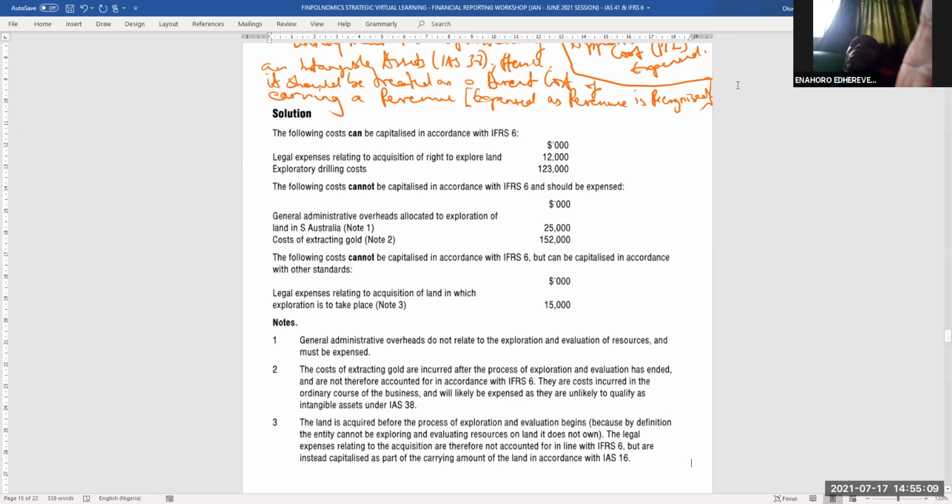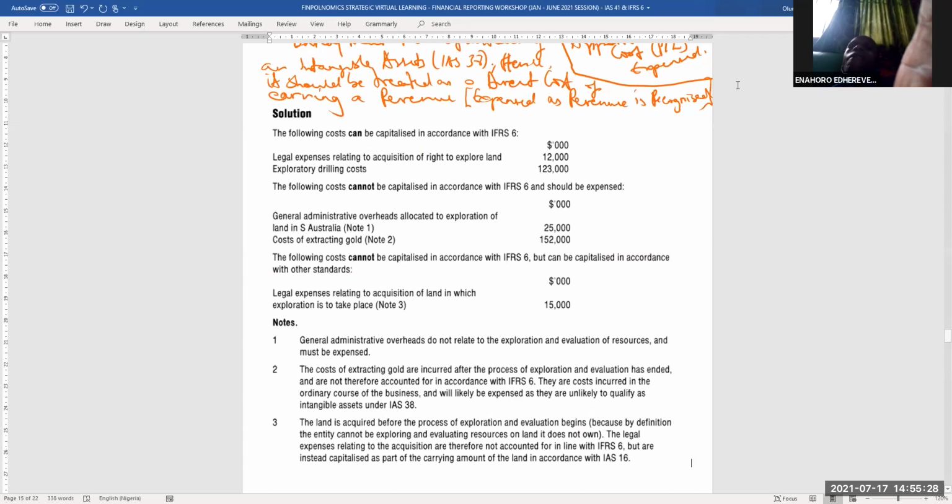Solution. The following costs can be capitalized in accordance with IFRS 6. Legal expenses related to acquisition of right to explore land, exploratory drilling costs.